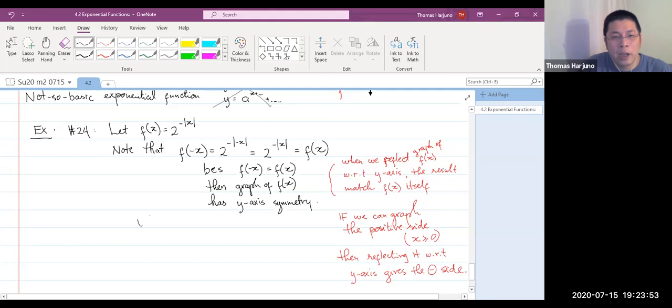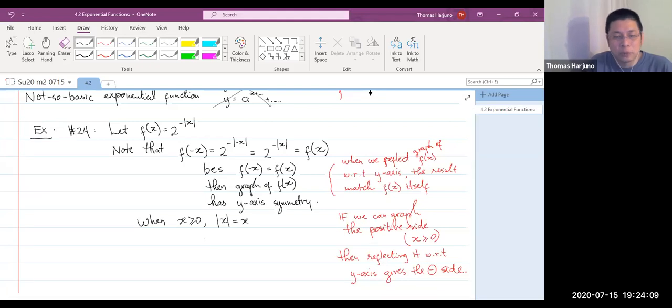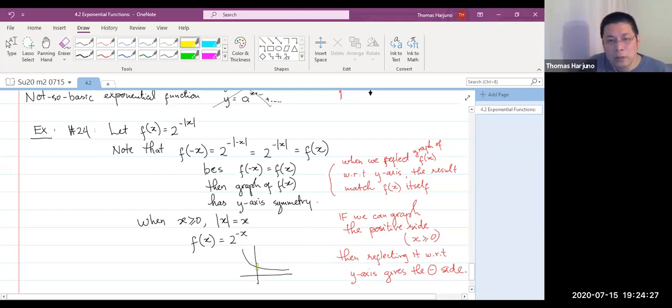So when x is at least 0, then absolute of x is equal to x. I hope you remember that. When x is positive, then absolute of x equals x itself. Which means when x is greater than or equal to 0, f(x) will be 2 to the power of negative x. 2 to the power of negative x looks like this. But we will take only when x is 0 or positive.